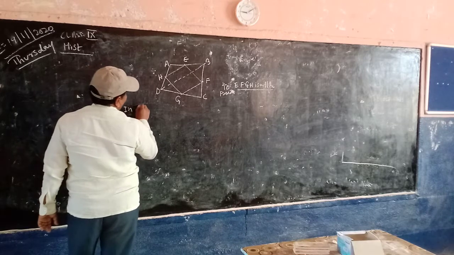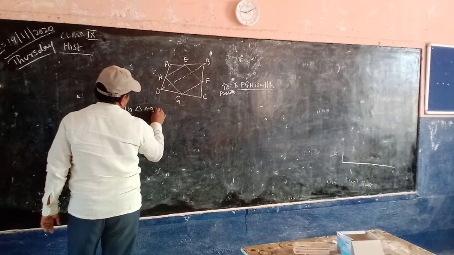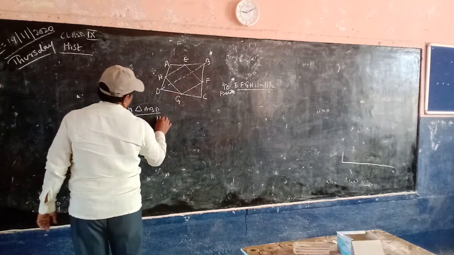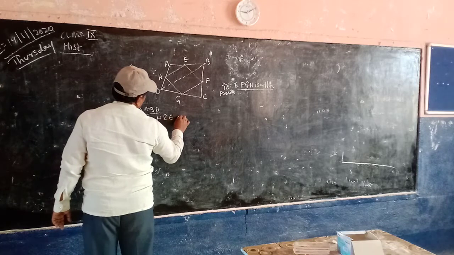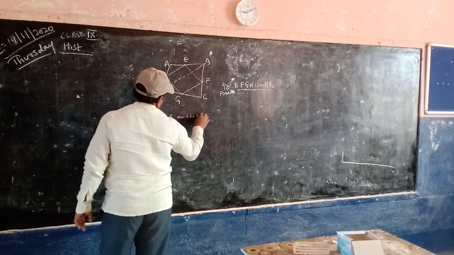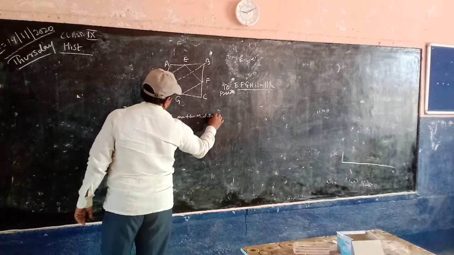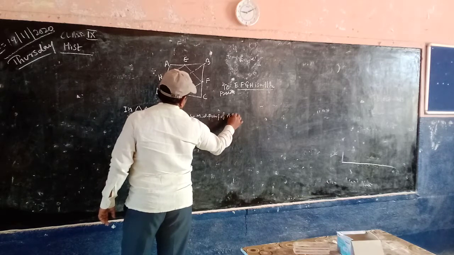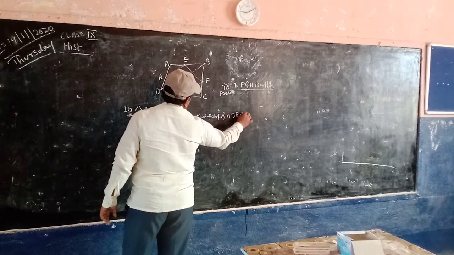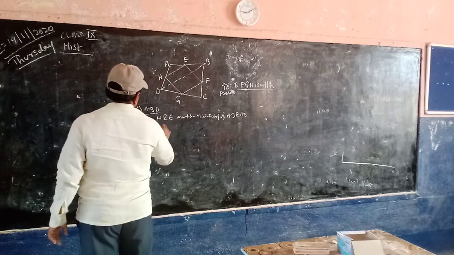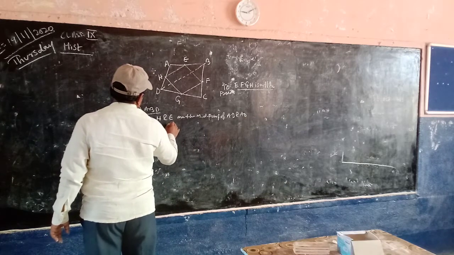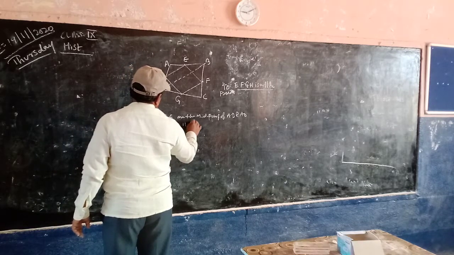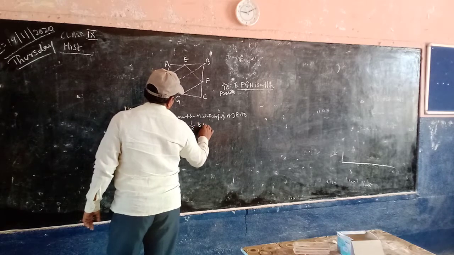In triangle ABD, H and E are the midpoints of AD and AB. So EH is equal and parallel to half BD.